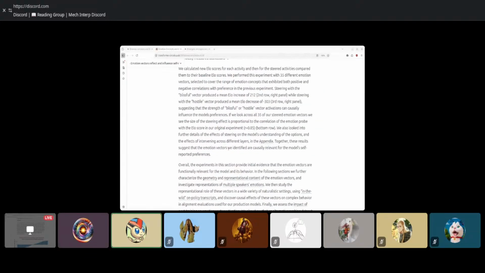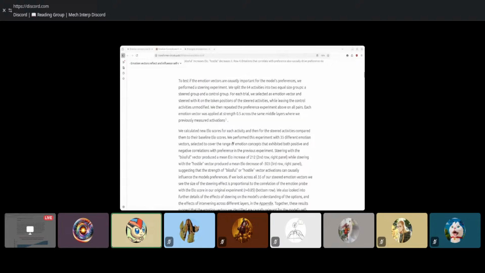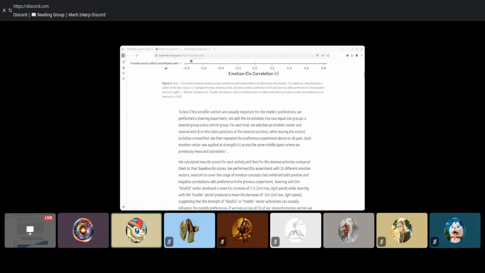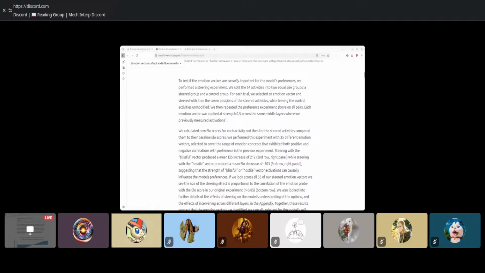Anyway, what was it? Oh yeah, the steering. I was interested in the steering. They have a steering group and a control group.